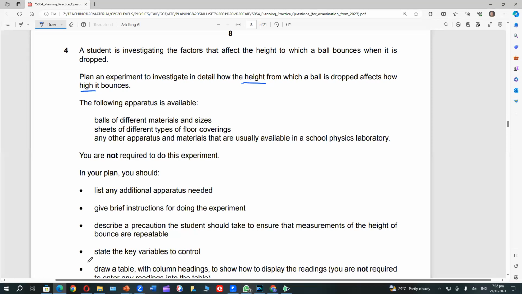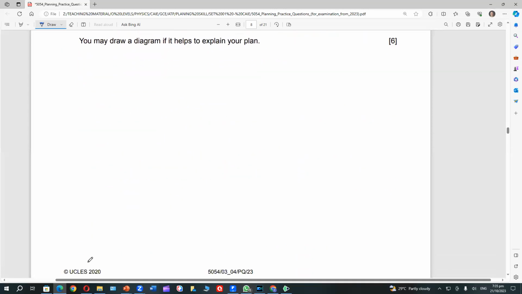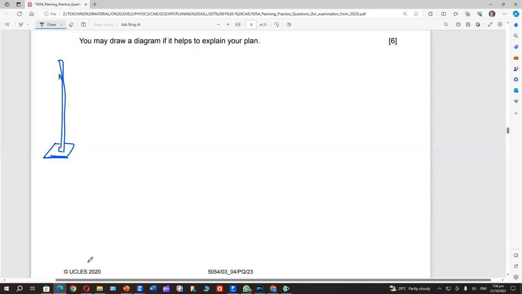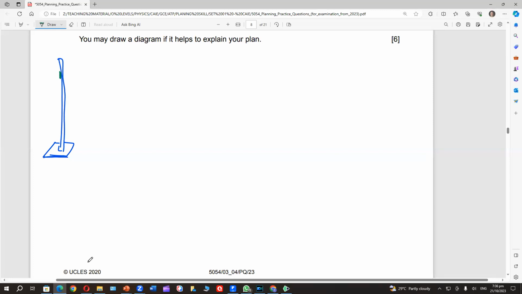So we need an apparatus to drop the ball. I have placed a fiducial mark.